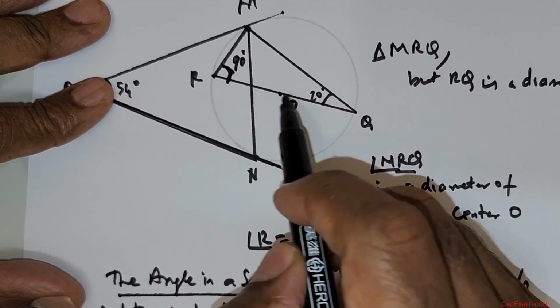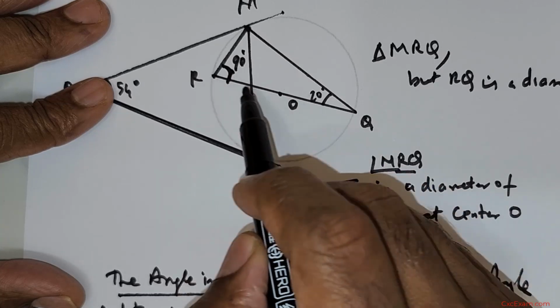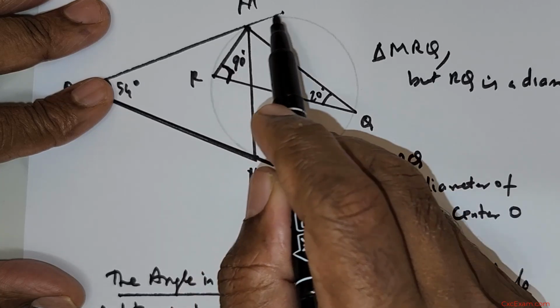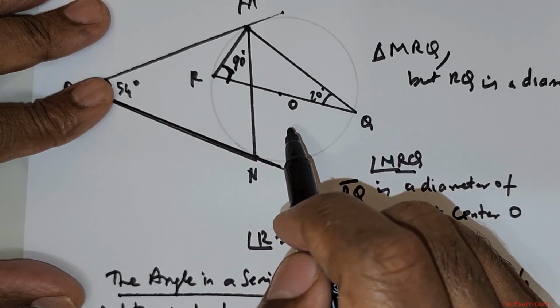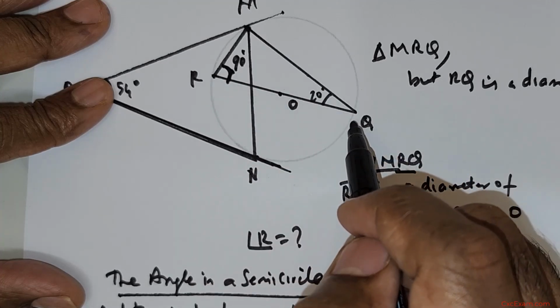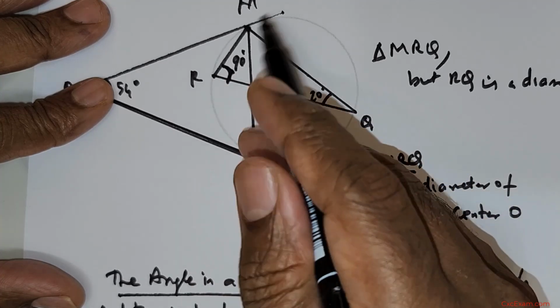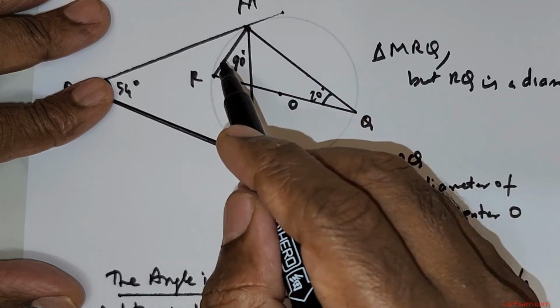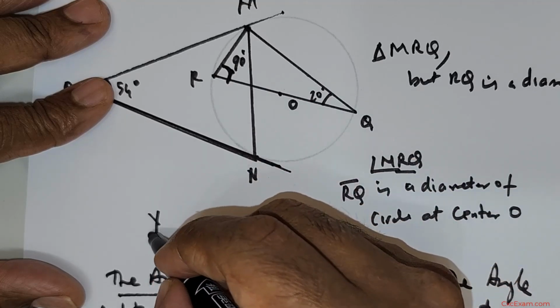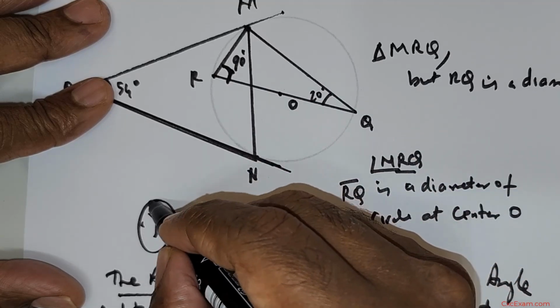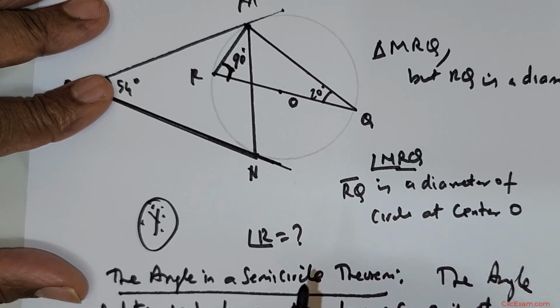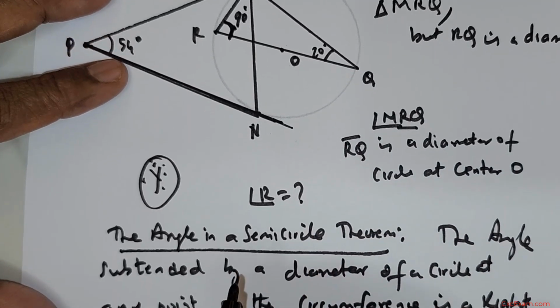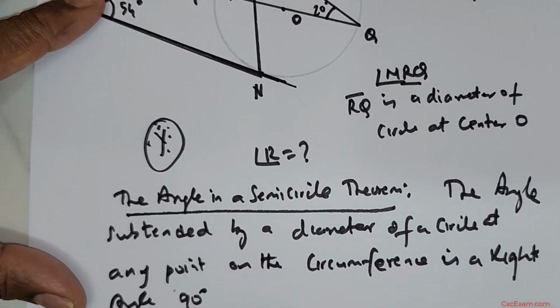So remember, the position of the angle can be anywhere as long as it is a semicircle and created by the diameter. Sometimes it can be oriented like this, sometimes the other way. This is a very important theorem, and it can occur in many competitive exams all through the educational career.